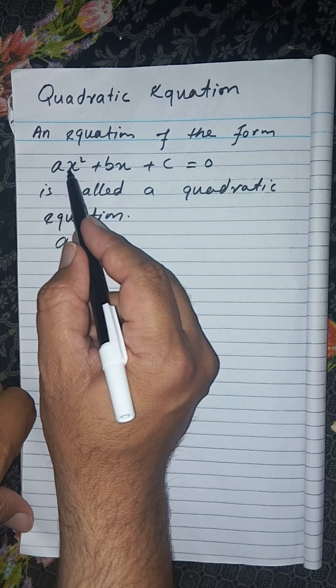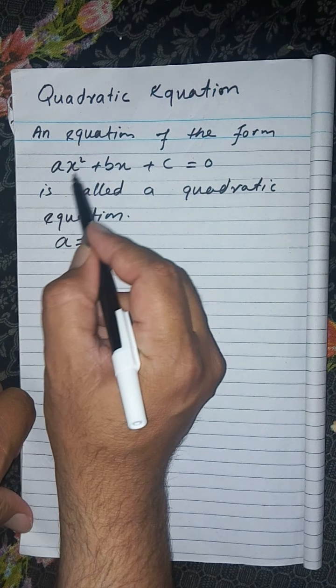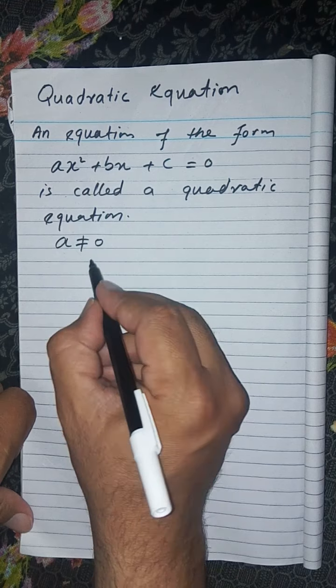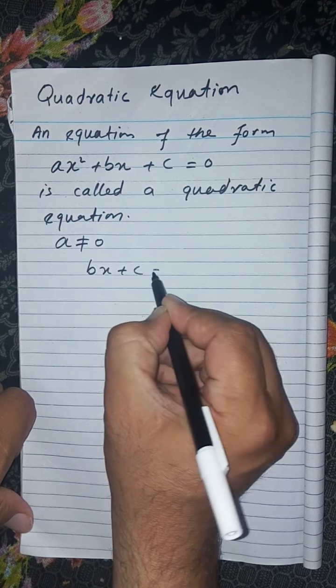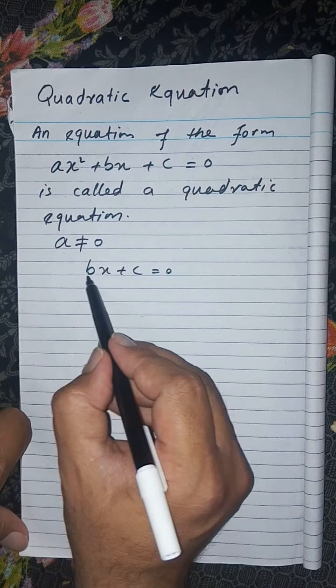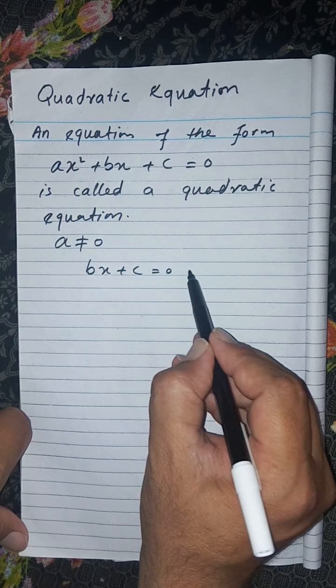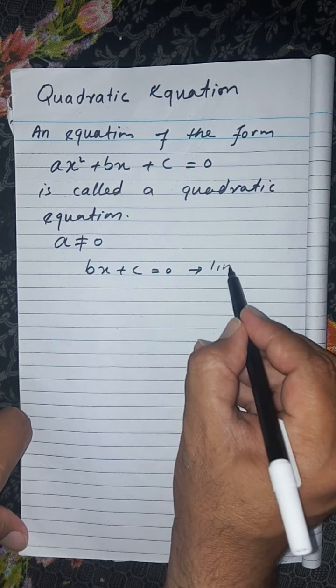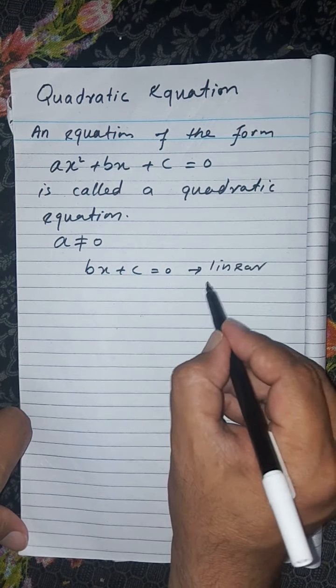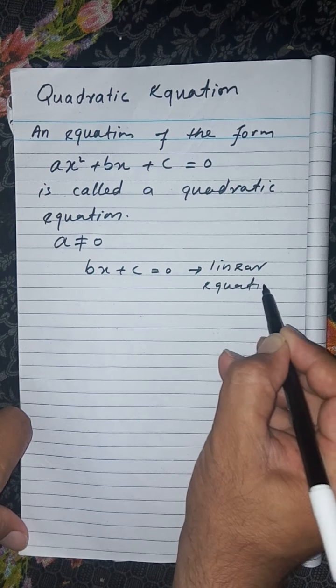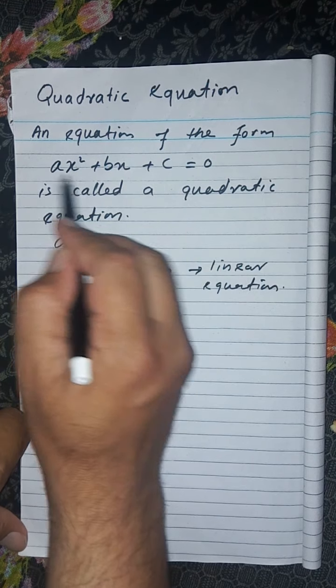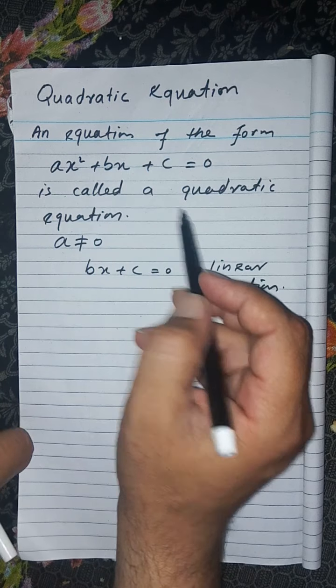Suppose if a is equal to 0, then this whole term will become 0 and we will get bx plus c equals to 0. This equation is called linear equation. And this one is quadratic equation.